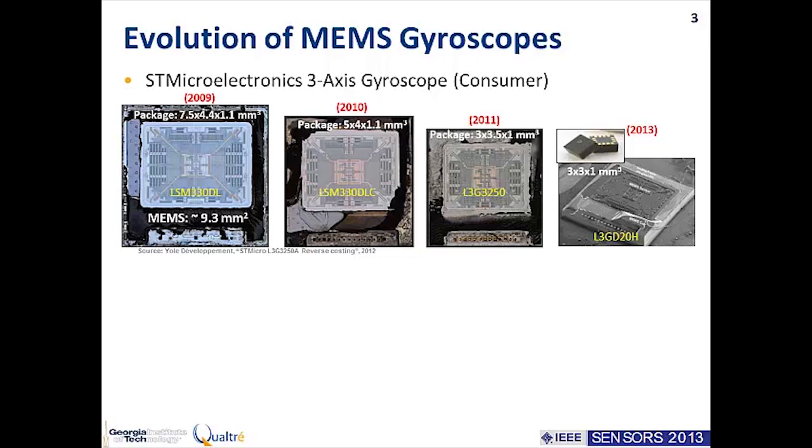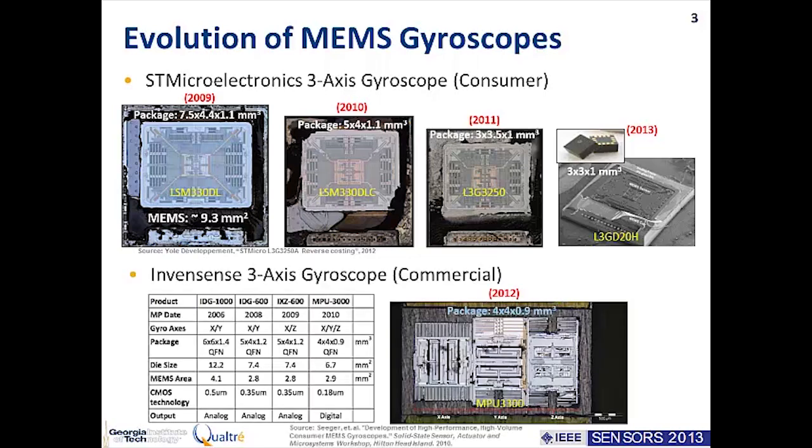In the consumer space, size is obviously critical because real estate in the PCB boards of consumer electronics is very expensive. So throughout the years, we can see that these companies have pushed to reduce the overall die area. In the case of the ST gyro, they have been able to reduce the overall volume of their package by a factor of about 4x.